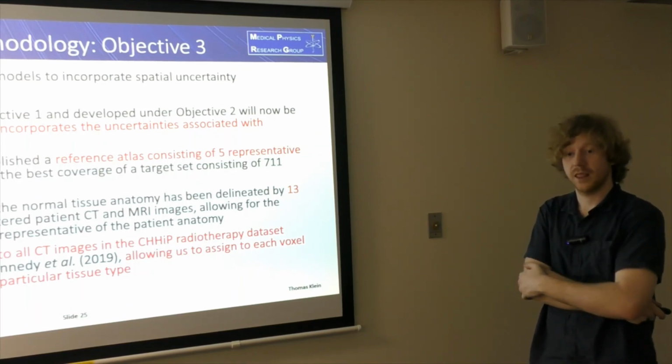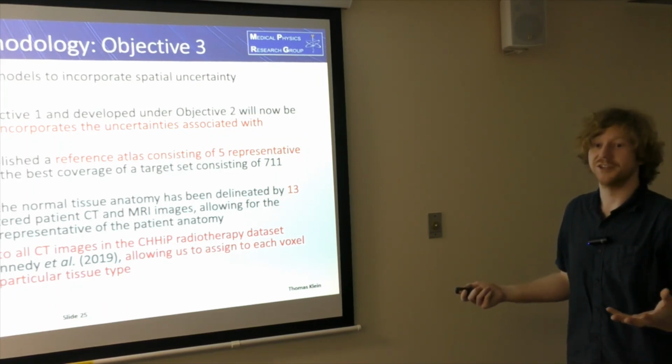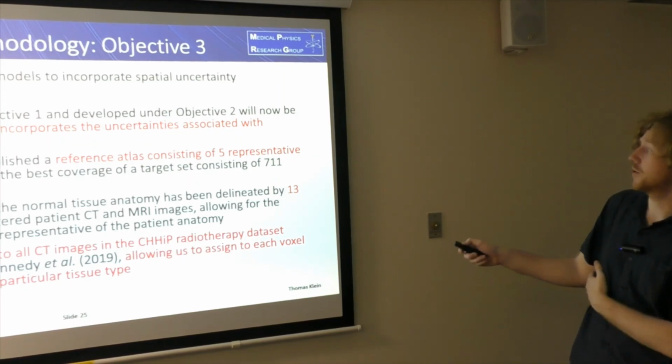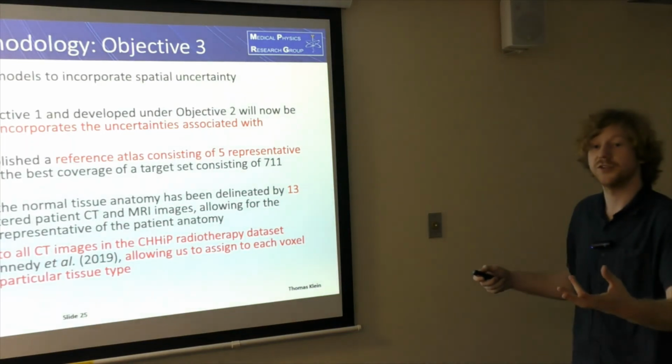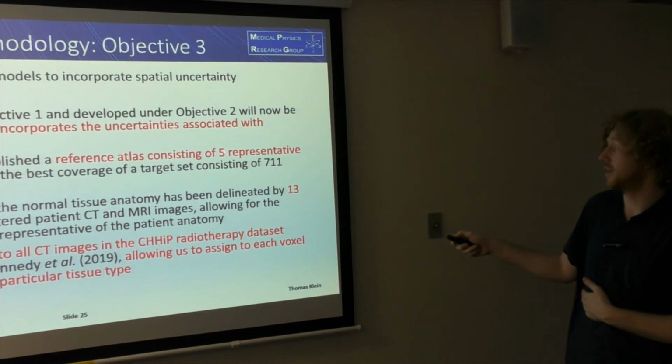So for your study, you're saying that I have access to the 3,000 something? Yes, I have access to the 3,000 CHIP patients, and I also have access to Angel's representative atlas with delineation by 13 observers.